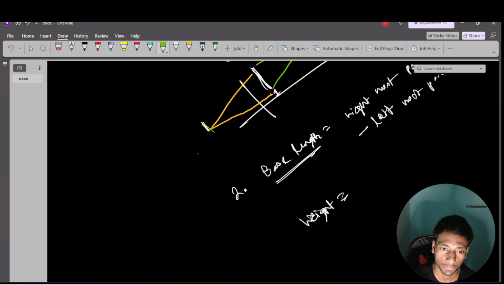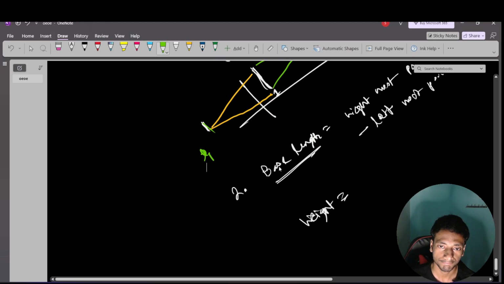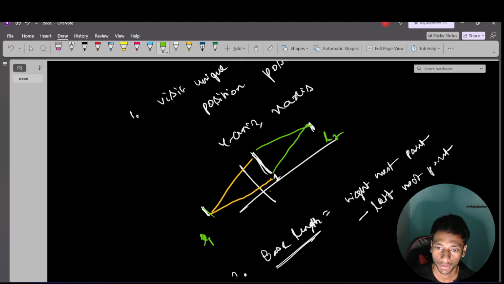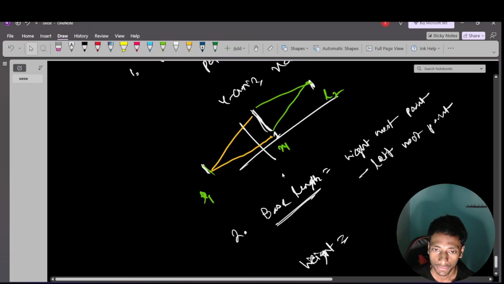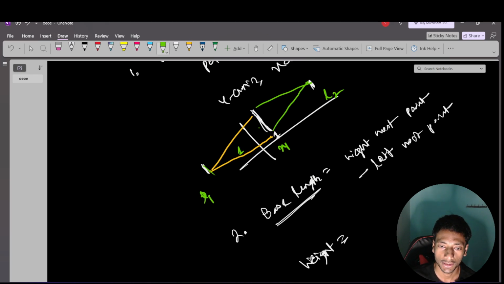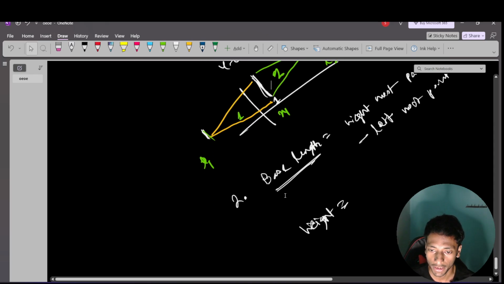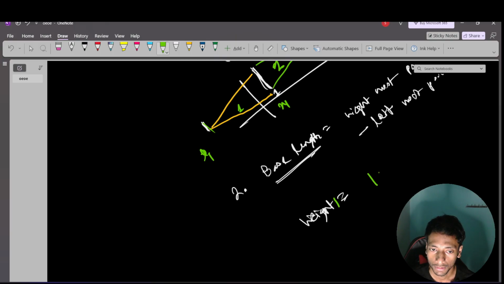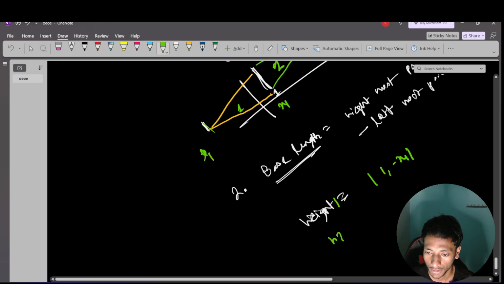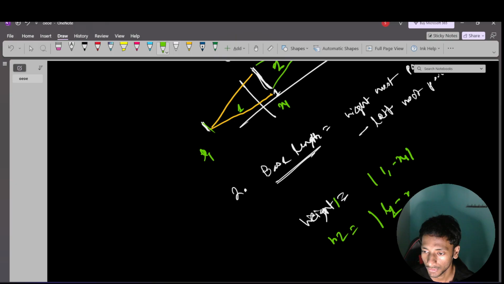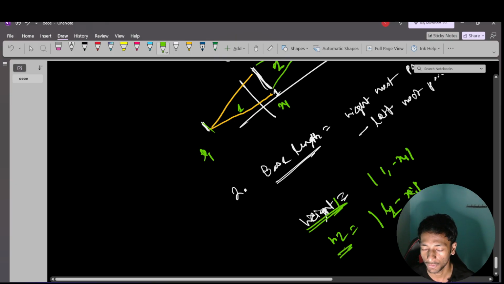Suppose this point is L1 and this is L2 and this is X1. If I calculate the height of triangle 1 and triangle 2, height 1 will be the absolute value of L1 minus X1, and height 2 will be the difference L2 minus X1. So two different heights are possible.